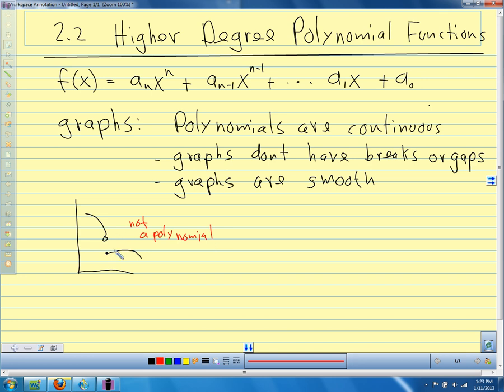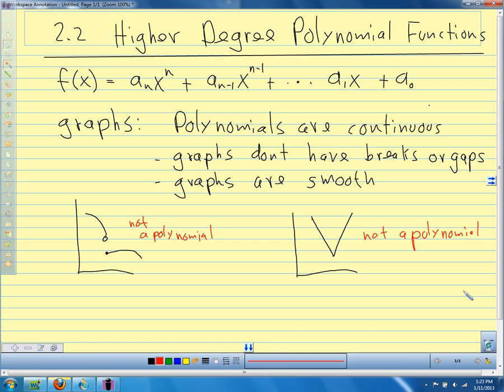We have some kind of jump in the graph. So this would not be a polynomial. And something like the absolute value graph, where we have a V shape, would not be a polynomial. We never have a sharp corner with a polynomial. So our graphs are always going to be smooth and nice.